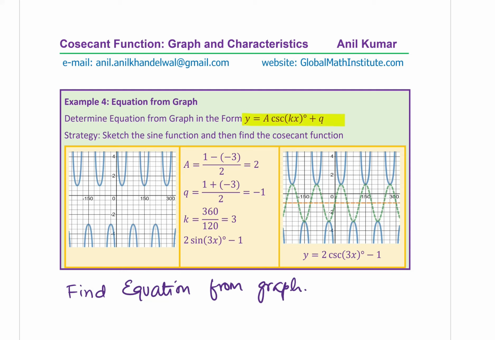So there is a horizontal stretch or compression, there's a vertical stretch or compression, and the axis has changed. The idea here is that we need to figure out what is the local maximum and what is the local minimum, and from there we can find the amplitude of the sine wave in between. So we'll first work on the sine function. You get the idea, right?